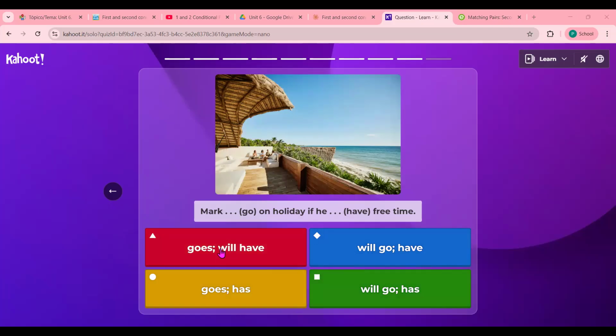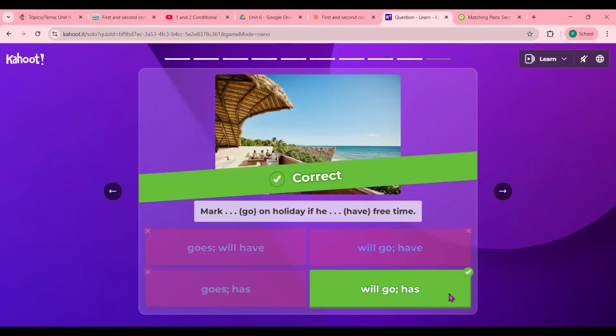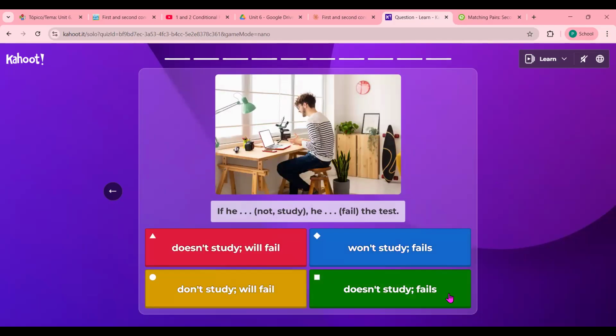Red, blue, yellow, or green? The green one. So Mark will go on holiday if he has free time. Yay! Thank you. The last one, my dear Diana.